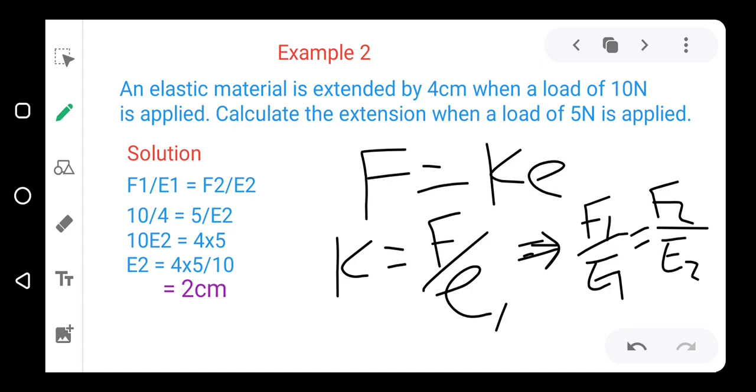It continues like that. So we can use this to find any of these parameters.